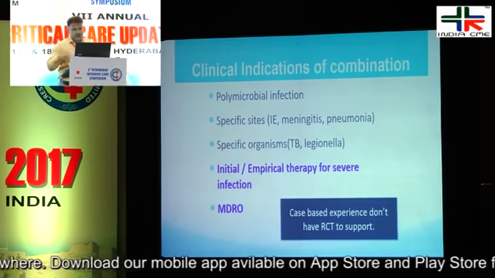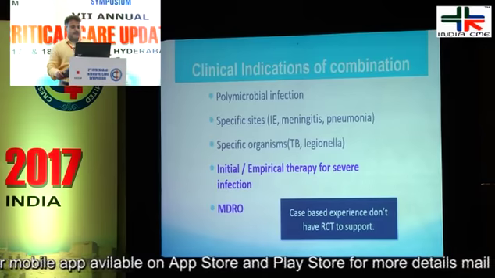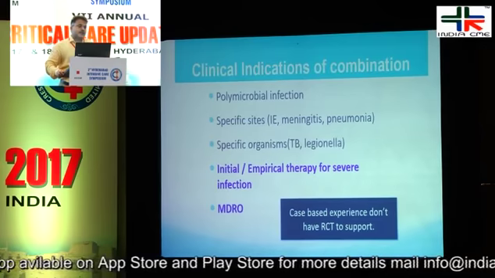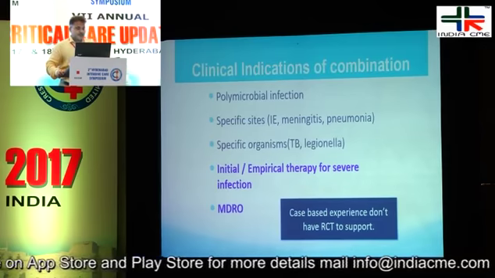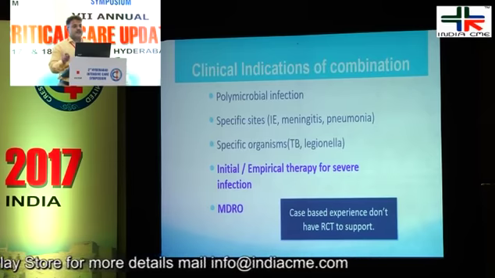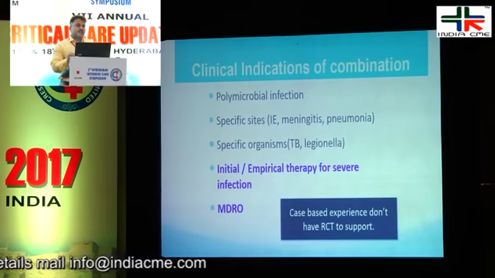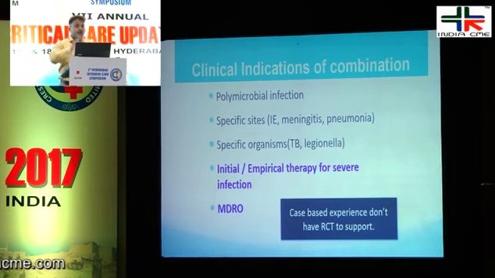I did not take TB and HIV because they are not our subject primarily, but there we know it. And also if there is a severe infection with septic shock and a multi-drug resistant organism. But all these recommendations are based on just retrospective studies or personal case-based experience. It's not a definite RCT-based recommendation.